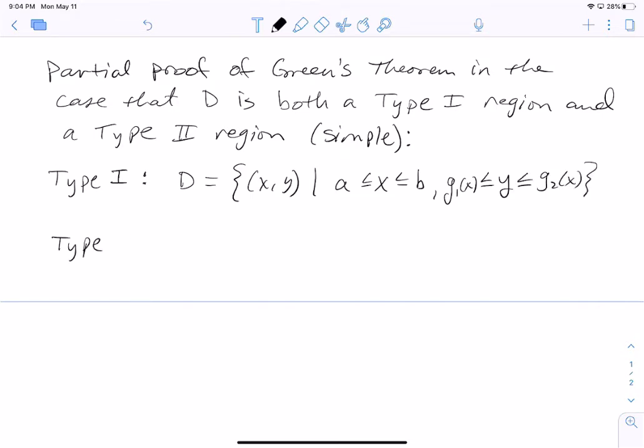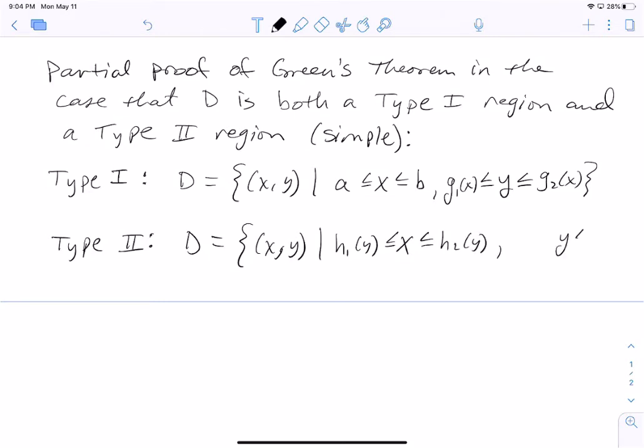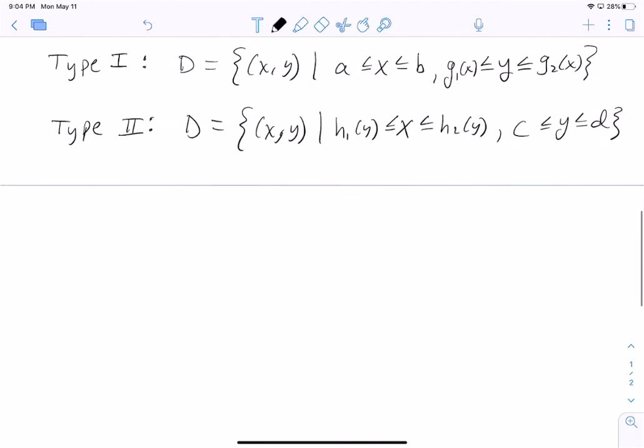A type 2 region is one where D is a set of points (x, y) such that x is now bounded by functions of y, say h1 of y and h2 of y, and y is bounded by constants, say c and d. I think a picture would be in order.